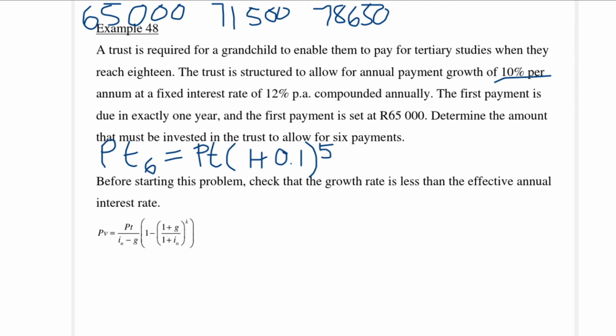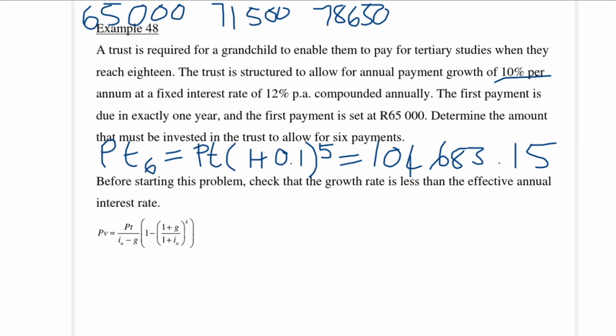Remember, the sixth payment will here have the 1 plus g to the n minus 1, so it will be 6 minus 1, which is 5, and therefore my last payment will be 104,683 rands.